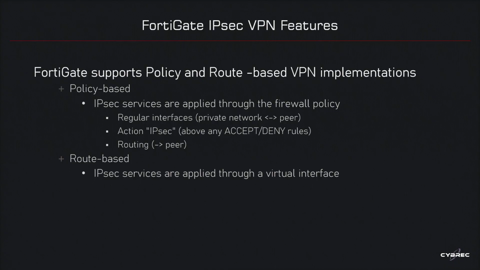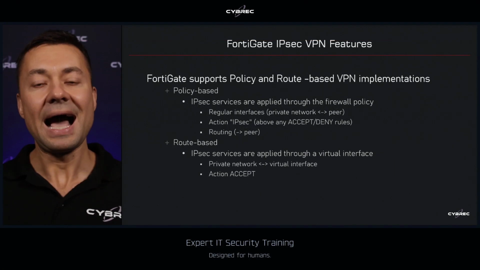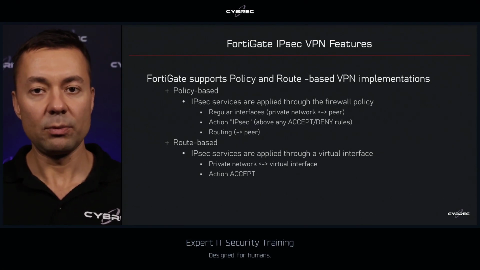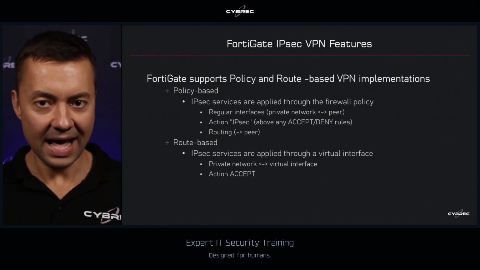In this case the firewall is going to create a separate virtual interface that is going to represent the VPN tunnel, known as a virtual interface. So now looking at a route-based implementation versus the policy-based method, the first difference is that we will not be using the IPsec action when we configure route-based VPNs.